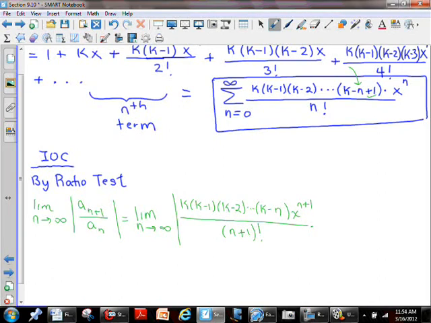Instead of dividing by a sub n, we'll just multiply by the reciprocal of a sub n, which is, in essence, our original expression here. N factorial now being on top, and then the whole lot of these terms, k minus 1 I meant to say, in the denominator here.